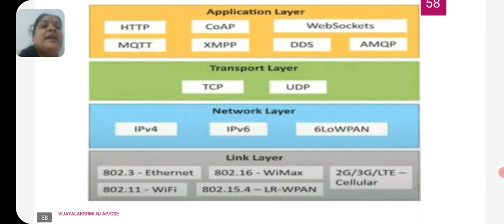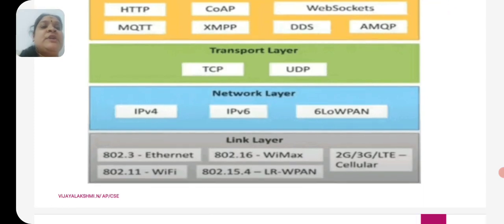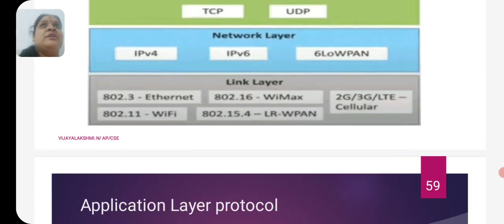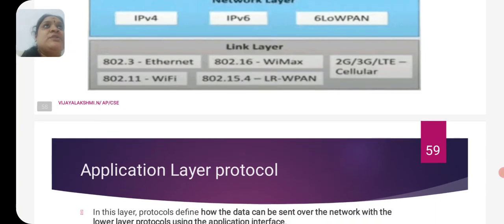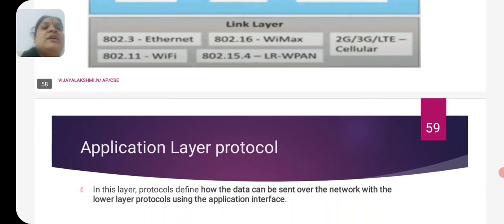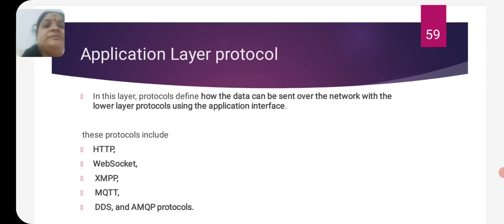In the transport layer we have TCP and UDP, in the network layer we have IPv4 and IPv6, 6LoWPAN, and in the link layer we have 802.3 Ethernet, and for Wi-Fi we are using 802.11, and for WiMAX we are using 802.16, etc.